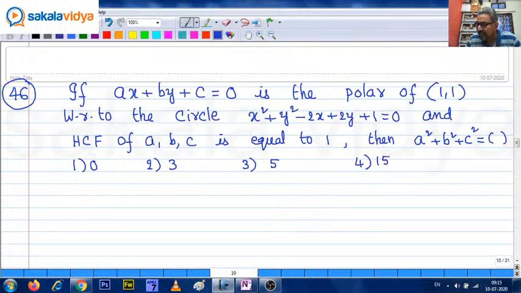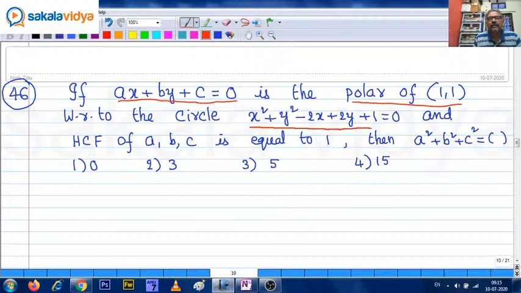Okay, first let us discuss this question. ax plus by plus c is equal to 0 is the polar of (1, 1) with respect to the circle x square plus y square minus 2x plus 2y plus 1 is equal to 0, and whose HCF of a, b, c equals 1.